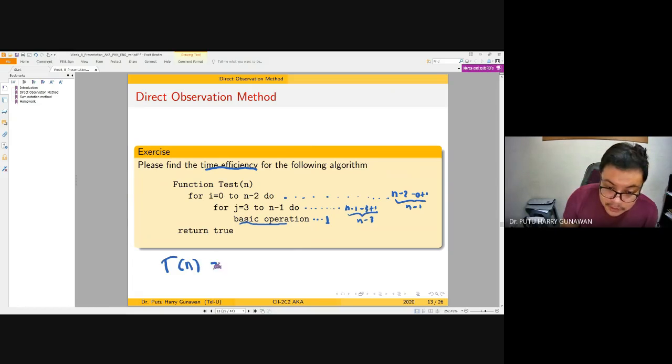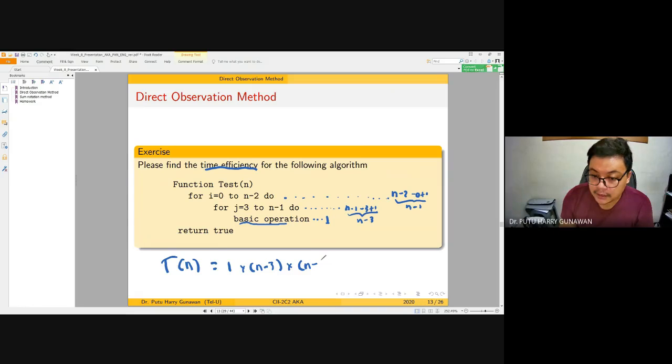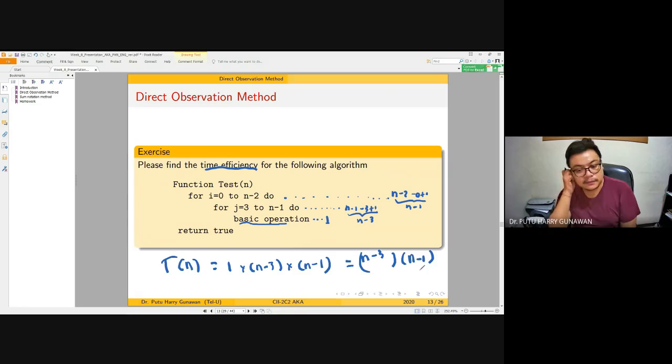So Tn is equal to, since these are different levels, we just multiply. So this is 1 times n minus 3 times n minus 1, something like that. So this is (n minus 3) times (n minus 1). Okay, something like this.